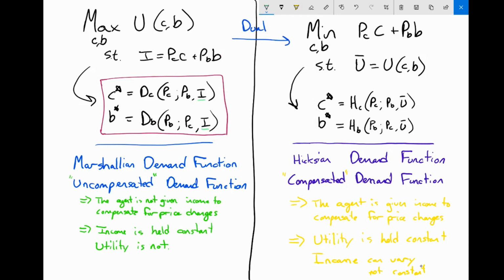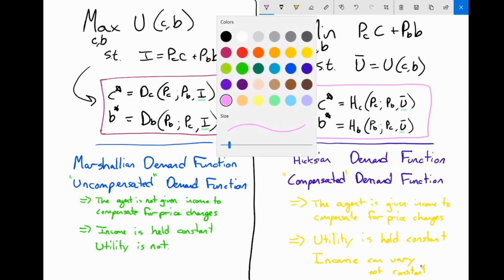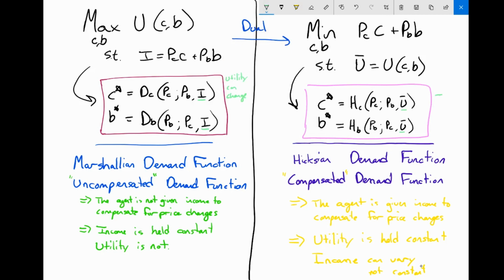The compensated demand function takes utility as fixed. So implicitly in the uncompensated demand functions, utility is allowed to change. So utility can change. Implicitly in the compensated demand functions, utility doesn't change, but income can change.